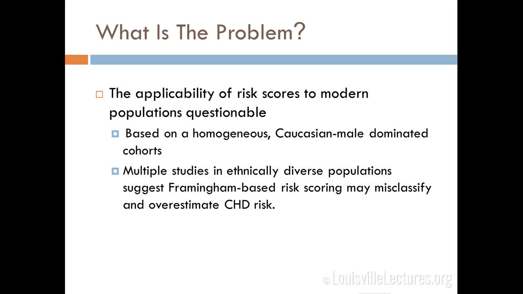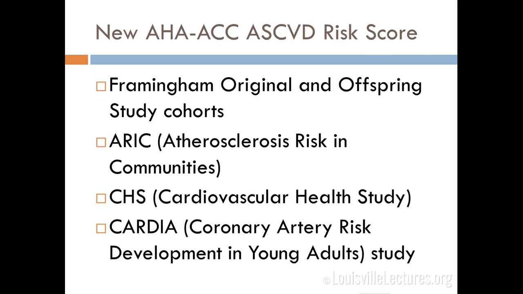There have been multiple studies since the release of that Framingham risk score in the late 90s that show that it doesn't work as well in other more ethnically diverse populations throughout the U.S. and throughout the world. The new risk score, as I noted, still does include the Framingham offspring study.